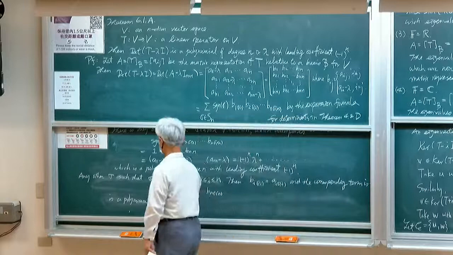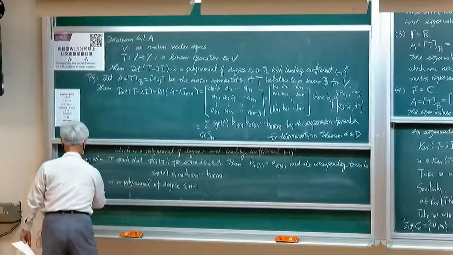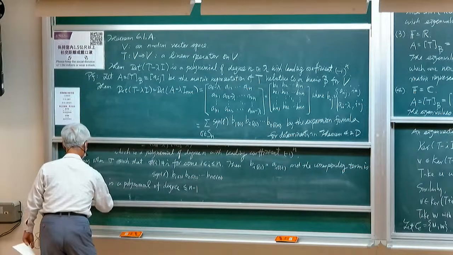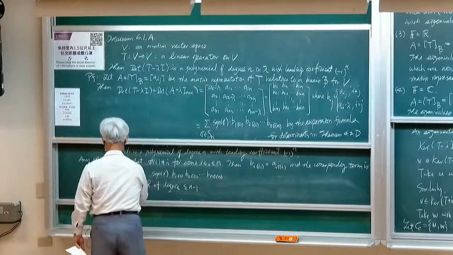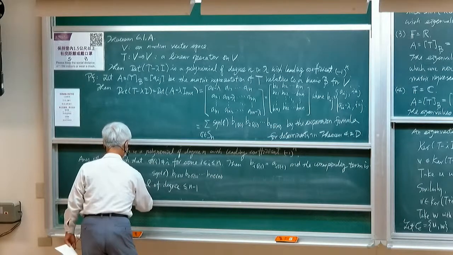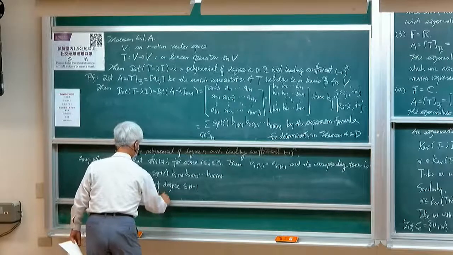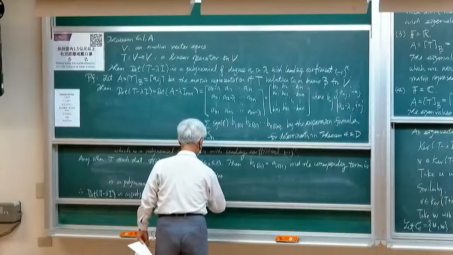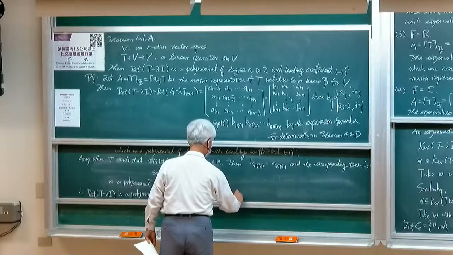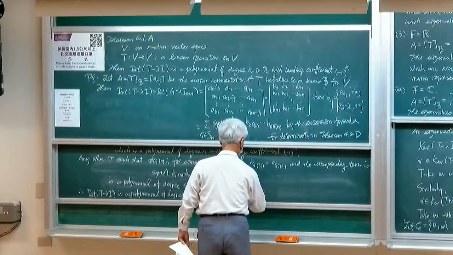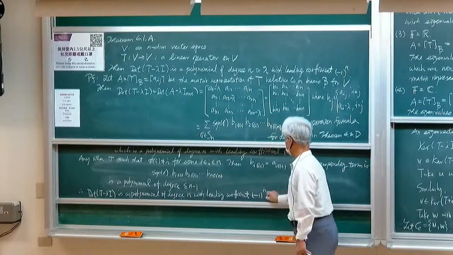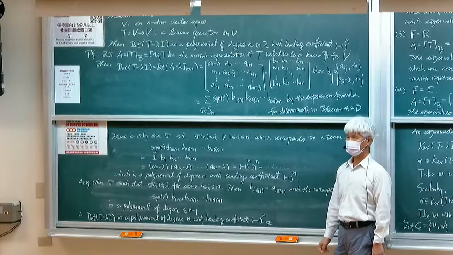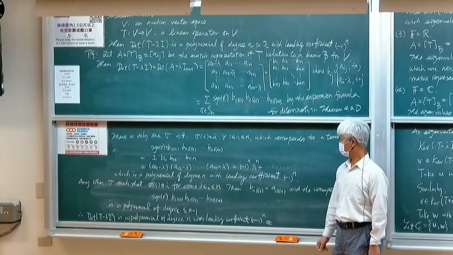So the conclusion is that the determinant of T minus lambda I is a polynomial of degree n with leading coefficient (minus 1) to the nth power. And we have done. Questions?